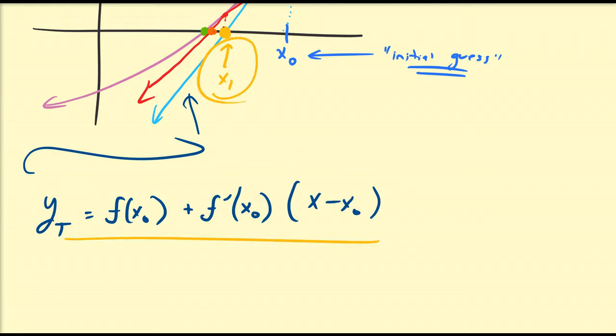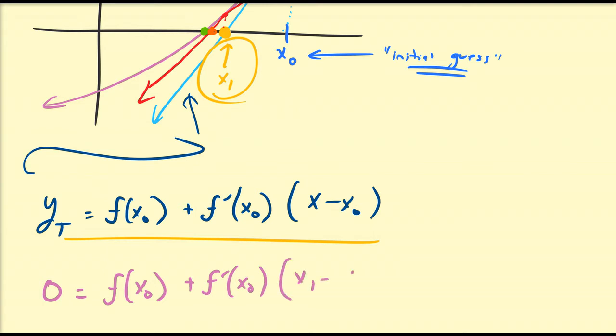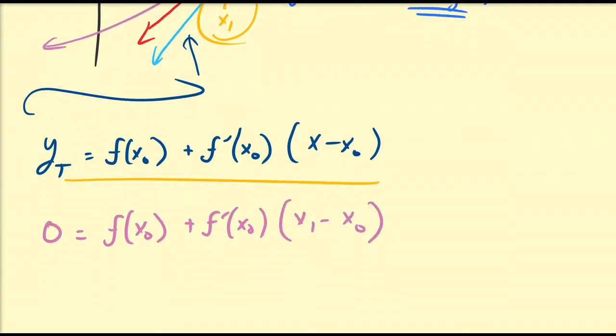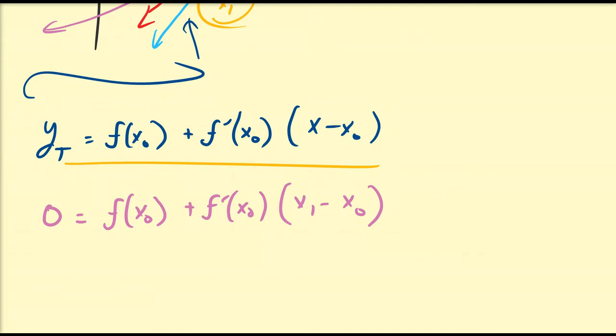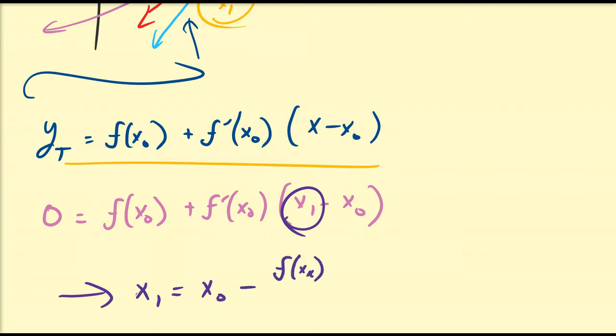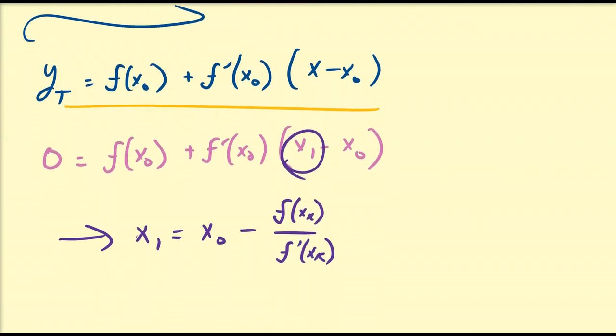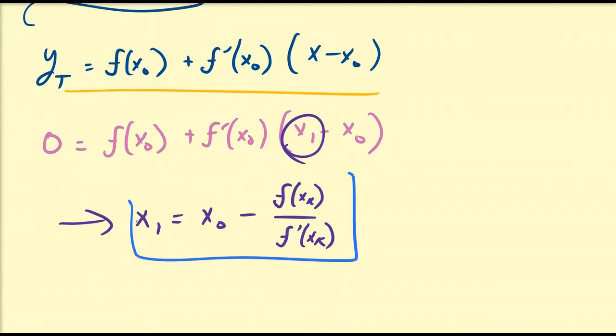So we're going to set this equal to 0 and solve for x, which we're going to define as x1. Let's rearrange this equation in terms of x1. So we have x1 is equal to x0 minus f of x0, all divided by f prime of x0. And this is a very important structure.